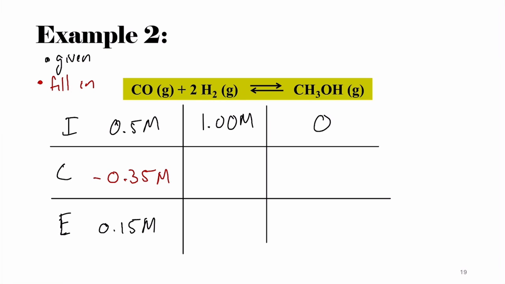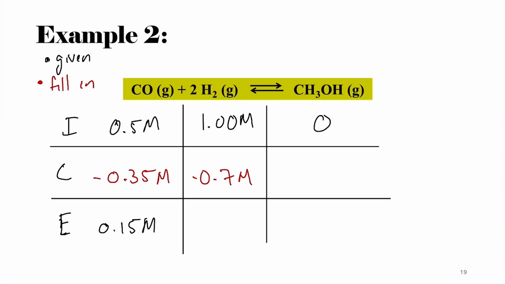H2. So how much H2 did we lose? 0.7 molar. Right, so how did we get that? Well, for every mole of carbon monoxide we lost, we used up 2 moles of hydrogen gas, because of our stoichiometry ratio.